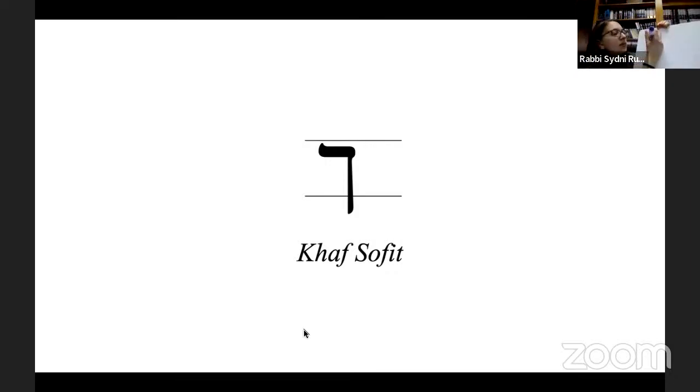So one of the things about most Sofit letters, not all of them, mem is an exception, but we'll get there, is that they take up a lot of space. So if I have lines like this, my chaf Sofit is going to look like a really long dalet. So you'll write that top line and then come down below the line. It's a chaf Sofit.